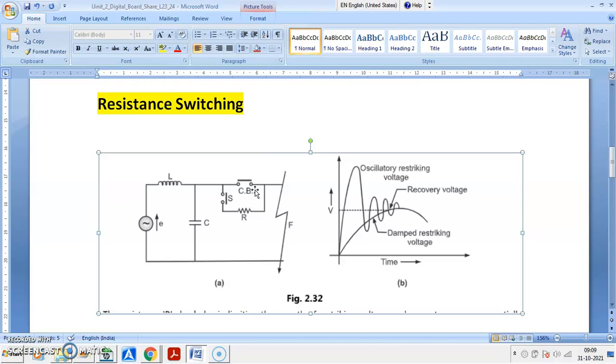So this resistance R also helps to limit the growth of restriking voltage. Here the graph is given. Okay, it will not allow to increase the restriking voltage.